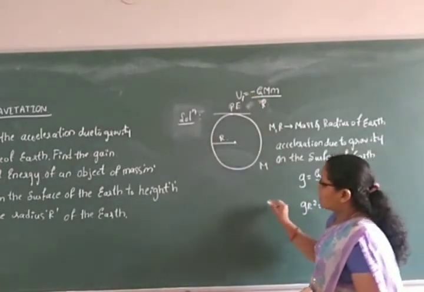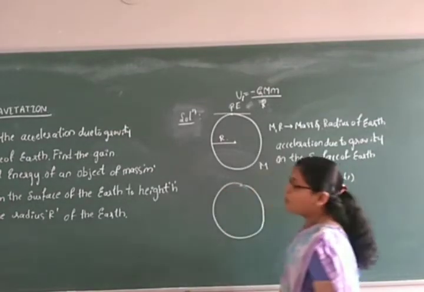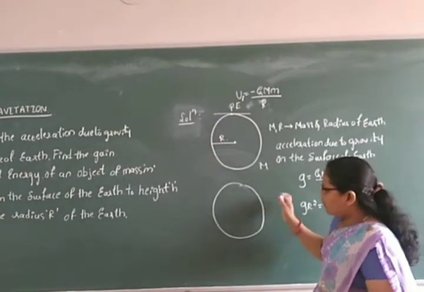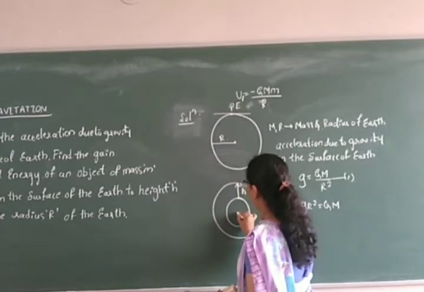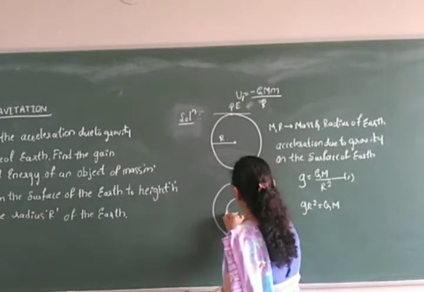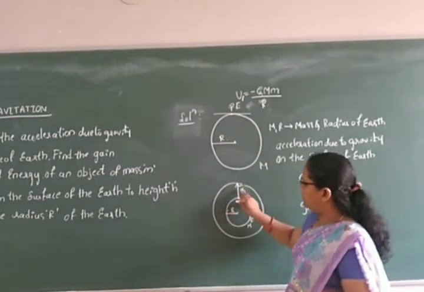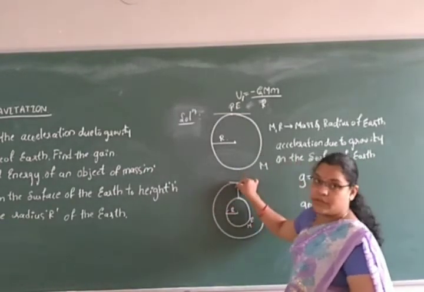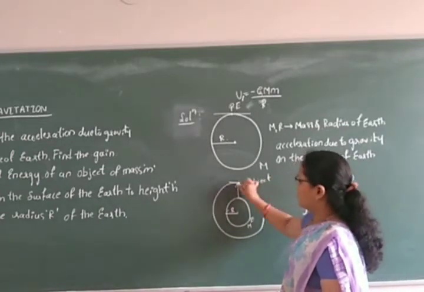Then what they have asked here is to find out the gain in potential energy if the particle is at a certain height. So let me consider this is the earth of mass capital M and radius small r. If the object is at a certain height above the surface of the earth, what is the gain in potential energy?